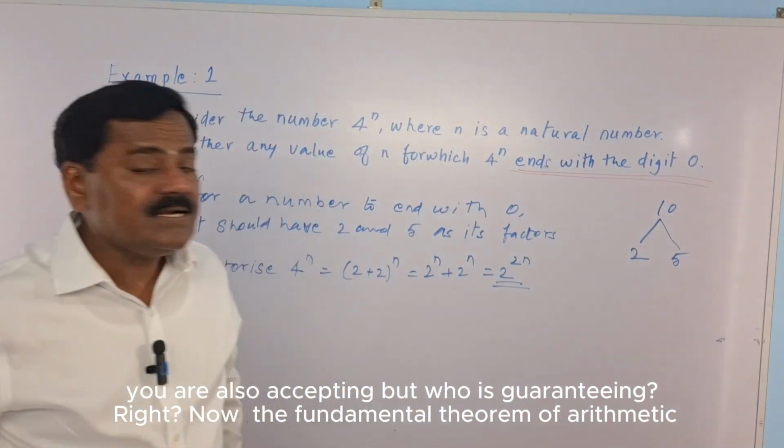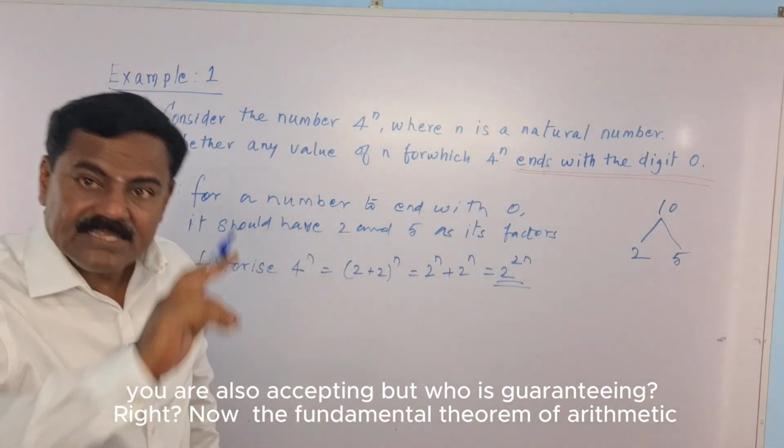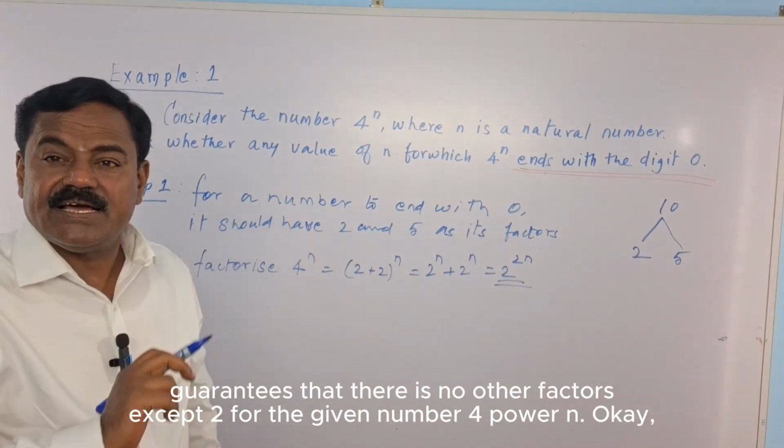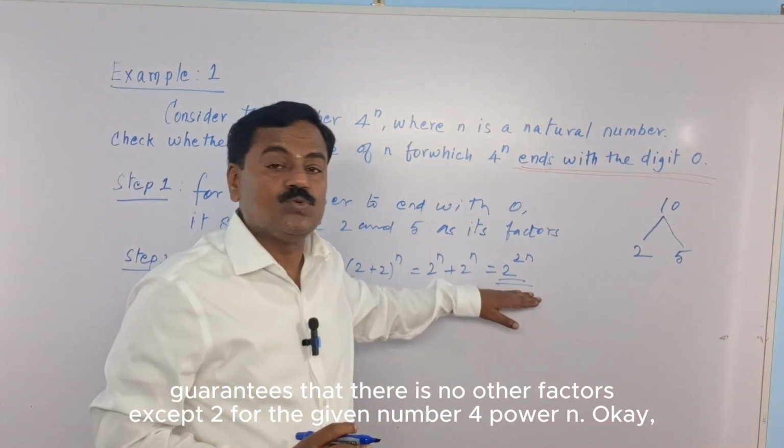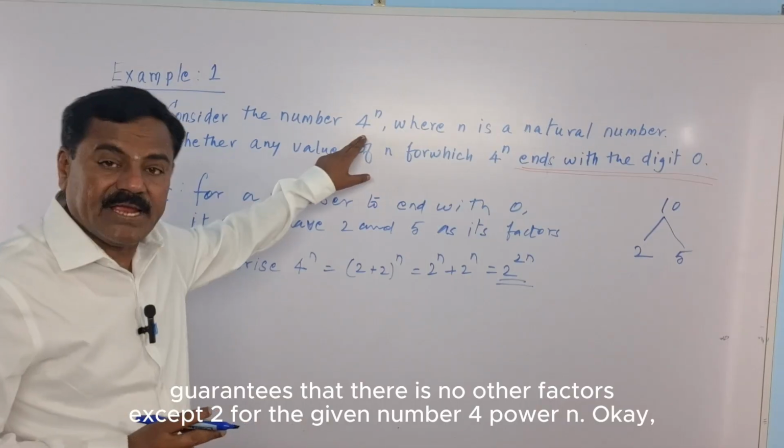The fundamental theorem of arithmetic guarantees that there is no other factor except 2 for the given number 4 power n.